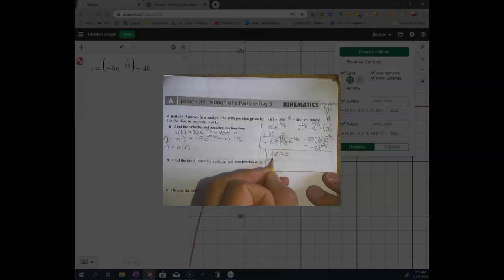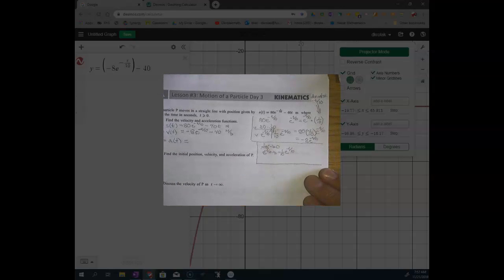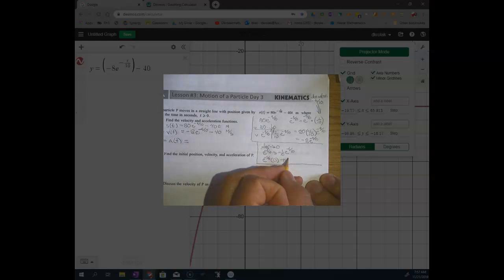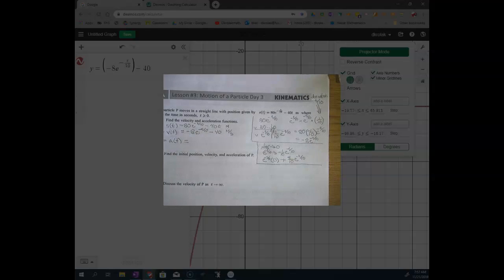The derivative of e to the negative t over 10, we already know is negative 1/10 e to the negative t over 10. And then I do my cross multiplying. Plus negative 8 times negative 1/10 is positive 8/10 e to the negative t over 10.